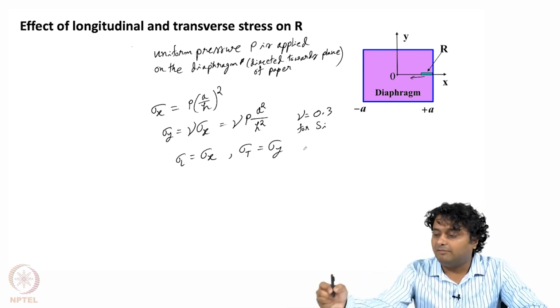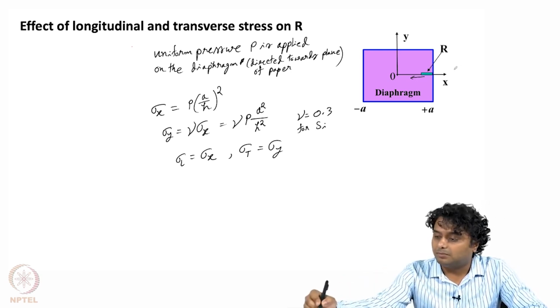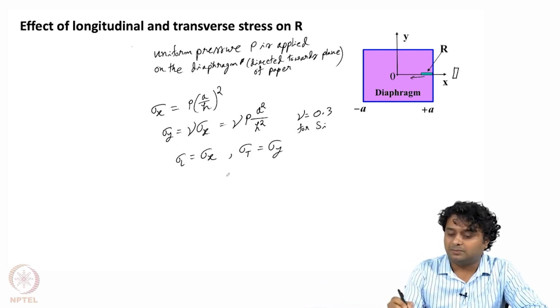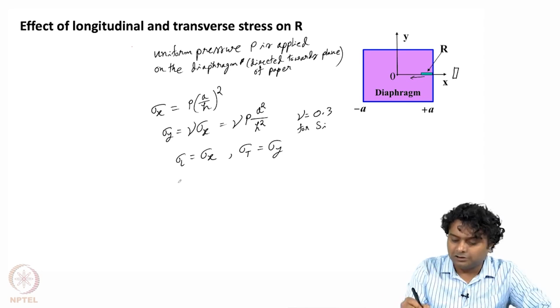But if the resistor was fabricated in this other arrangement, then sigma L would be equal to sigma y, right. So this does matter, because sigma y and sigma x are not the same, so sigma L and sigma T are also not the same.